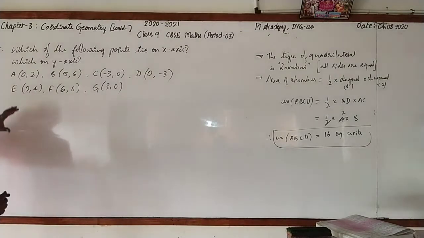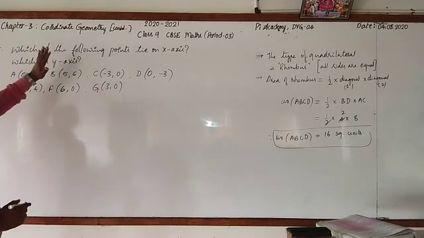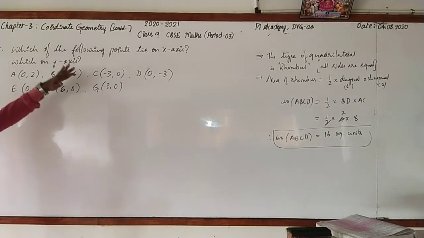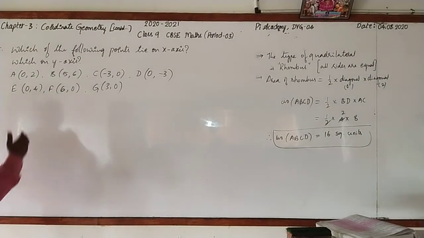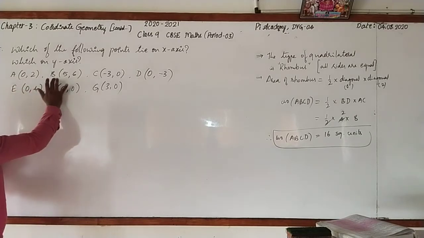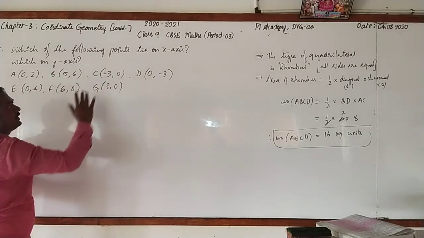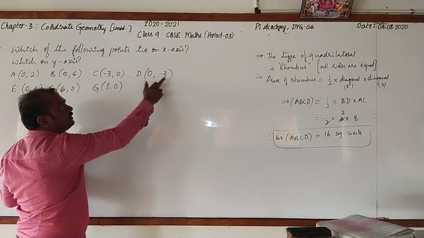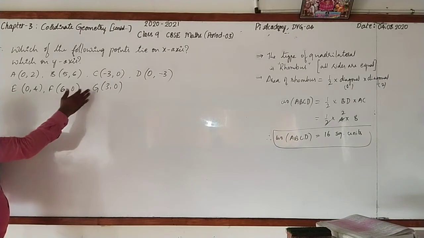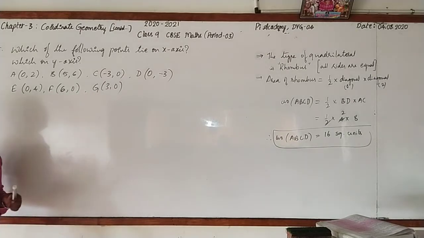Now let's move on to the fifth one. It is also very simple. Observe it. Which of the following points lie on the x-axis and which on the y-axis? Here they are given the points A(0, 2), B(5, 6), C(-3, 0), D(0, -3), E(0, 4), F(6, 0) and G(3, 0).